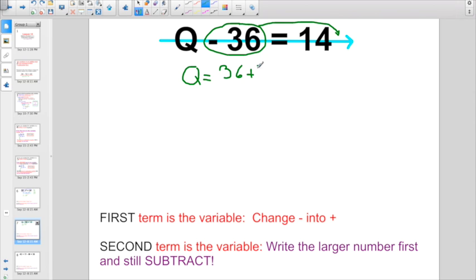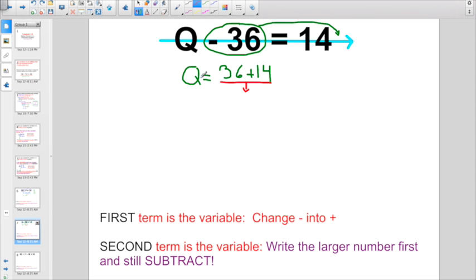I could have written it as 14 plus 36, but is that going to change the answer at all? No, it would not have. So, two rules. Combine terms or isolate the variable. Here I have two terms I can combine on the same side of the equal sign.